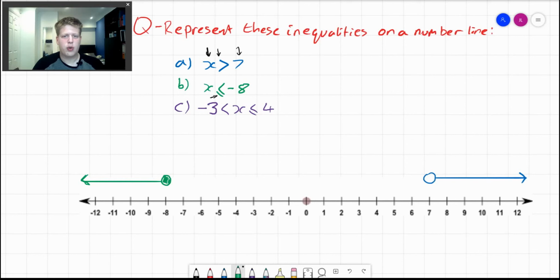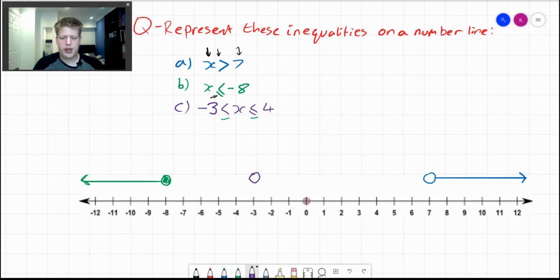And for the final question, part C, we have -3 is less than x, but x is also less than or equal to 4. So we need to represent all of this. The way to solve this is to look at both ends of the inequality and to circle them on our graph. So for -3, we're going to find -3, and because it's a less than sign and not a less than or equal to sign, we're not going to shade it in.